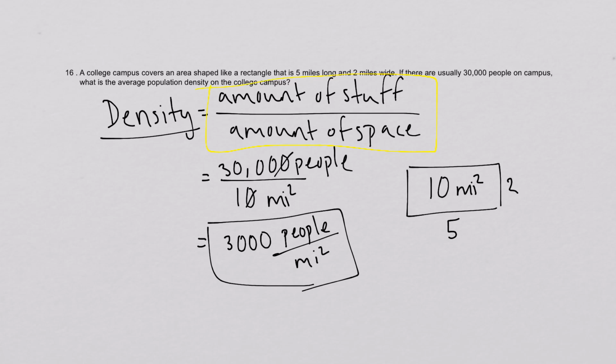Density is the amount of stuff divided by the amount of space that it occupies. And space could be area, like it was in this case, or it could be volume. Volume signifies three-dimensional space. Area signifies two-dimensional space. You're just comparing how much stuff there is to how much space it takes.